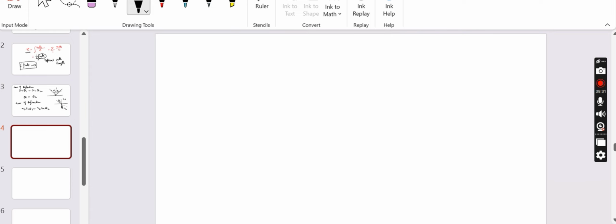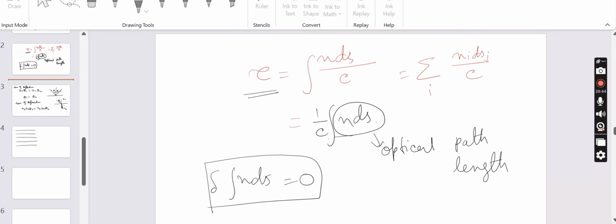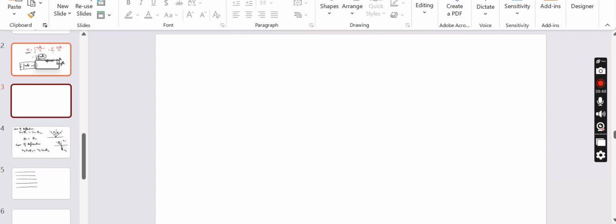So there we can consider, when I was discussing optical wavelength, I wanted to give an example.